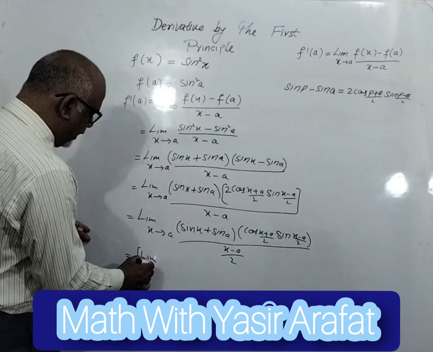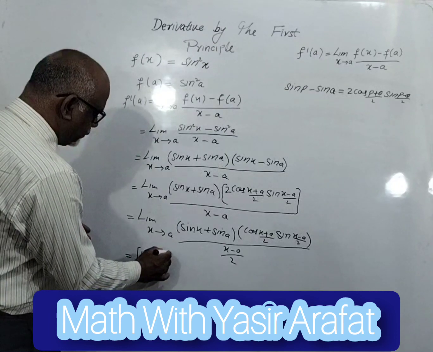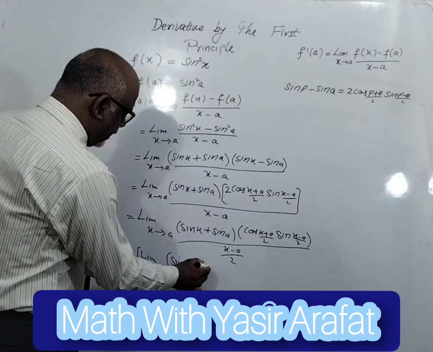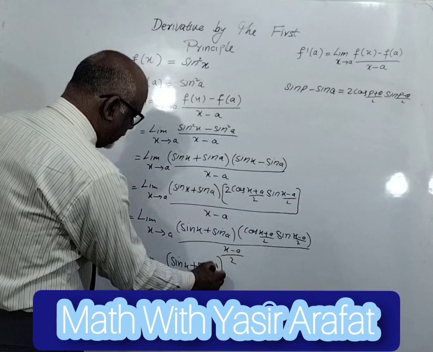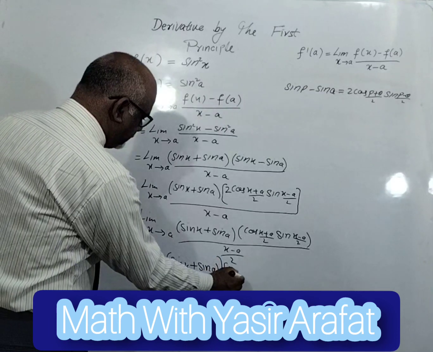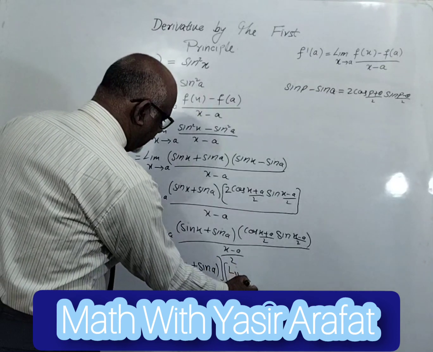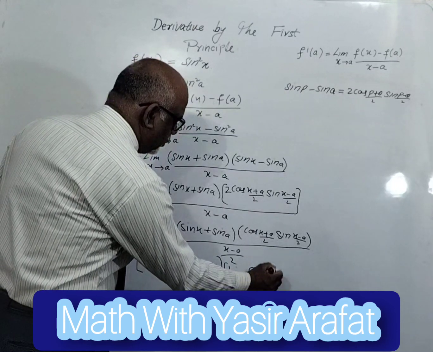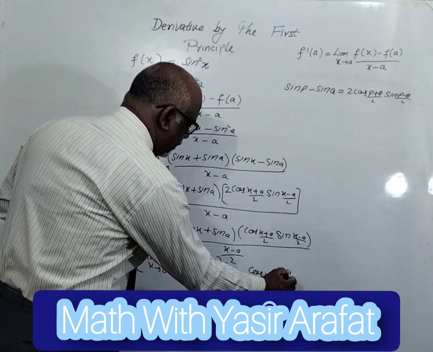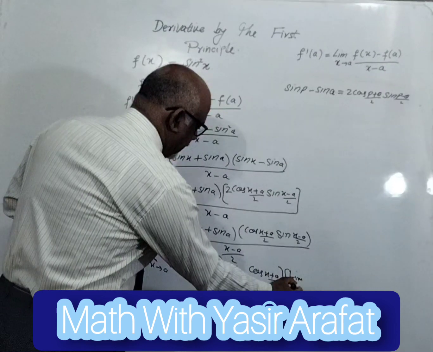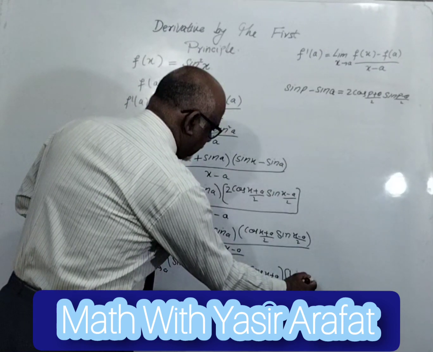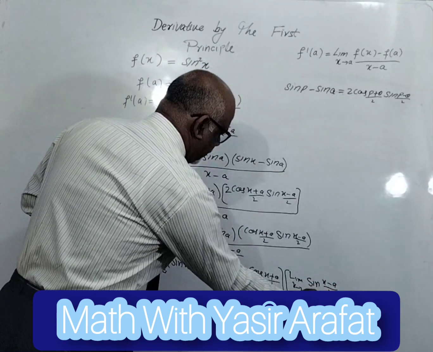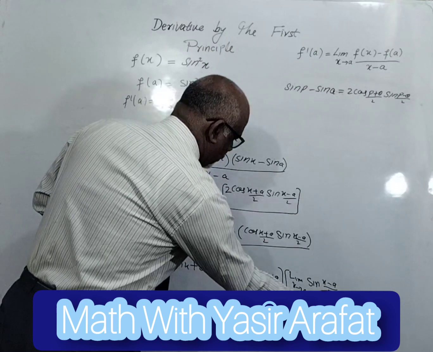Limit x tends to a, sine x plus sine a, then limit x tends to a, cos of x plus a over 2, then limit x tends to a, sine of x minus a over 2, whole divided by x minus a over 2.